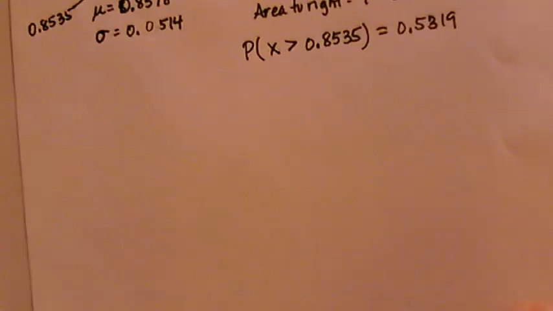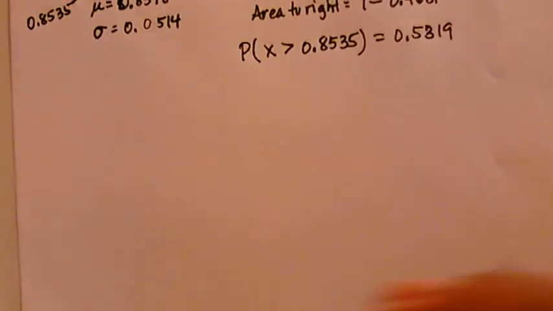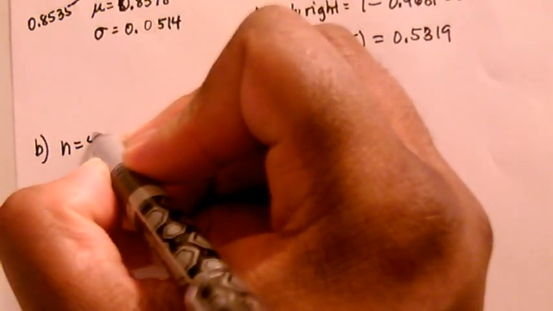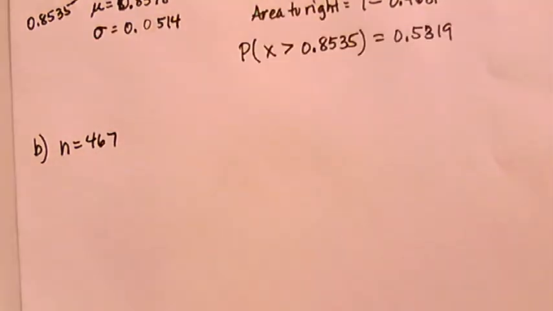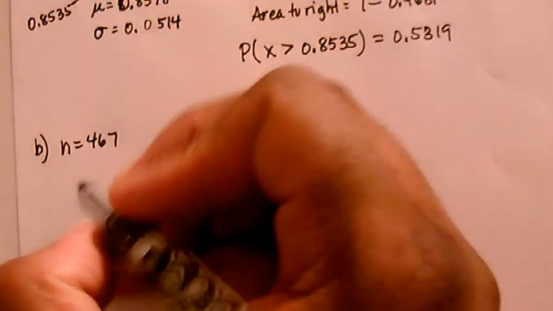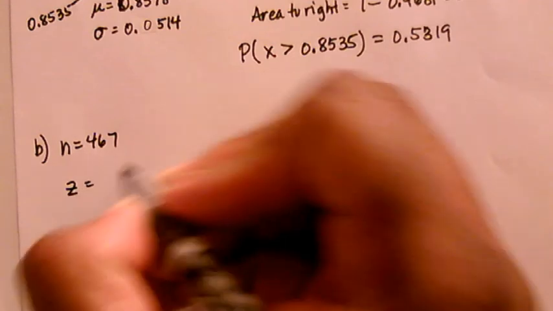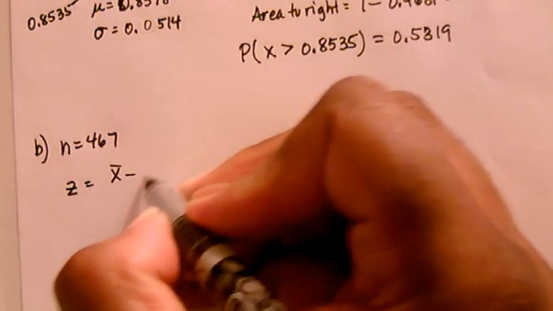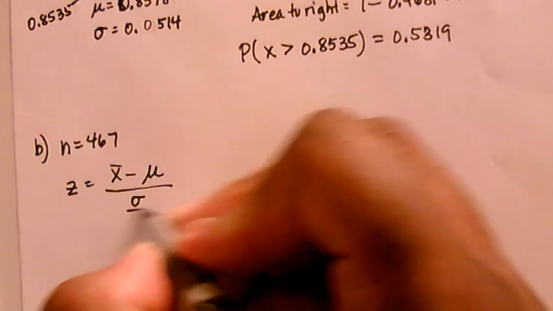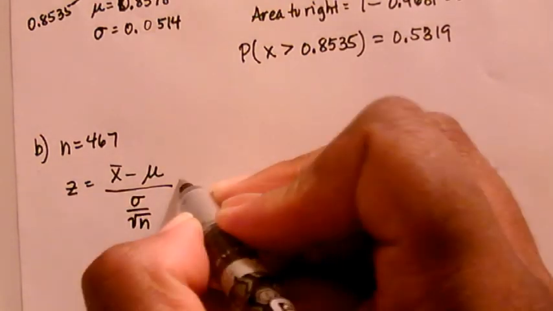Right, now part B. We're dealing with 467 candies. They're randomly selected. So you want to find the probability that their mean weight is at least 0.8535 grams. Now we have to use the z formula of x bar minus mu divided by sigma over the square root of n.